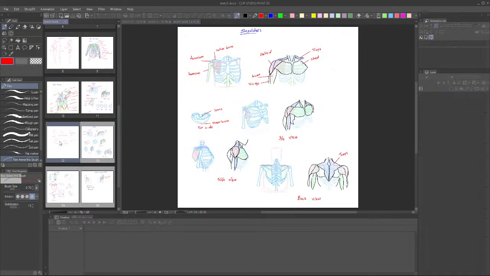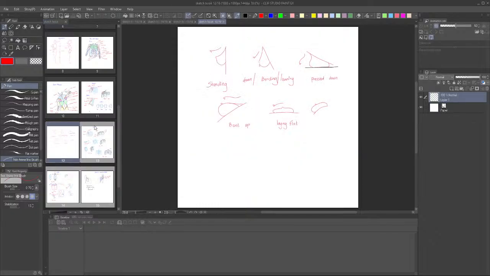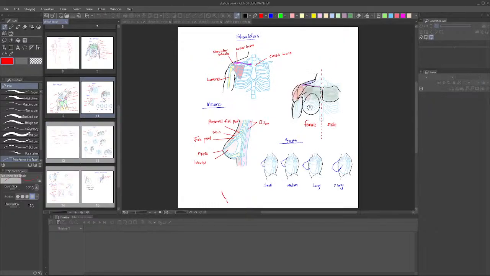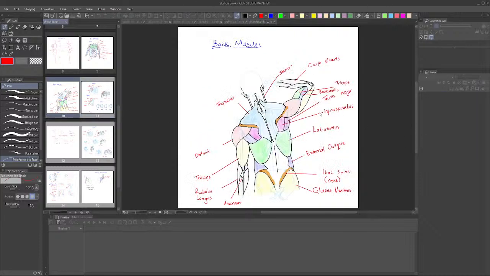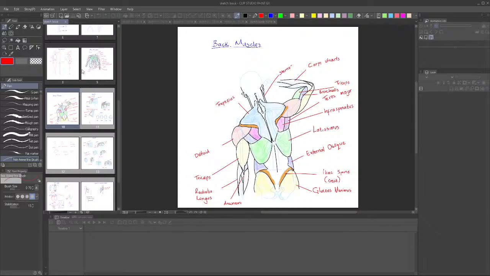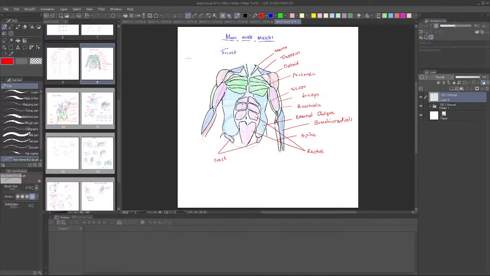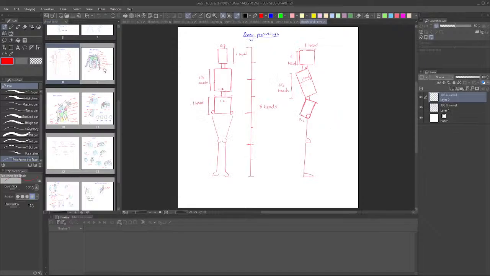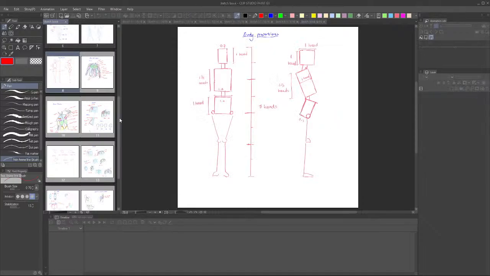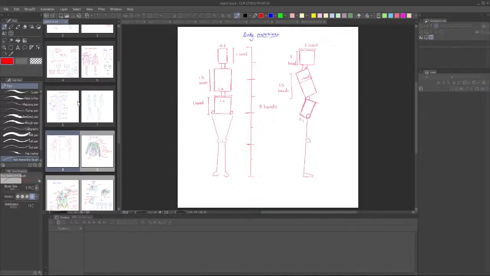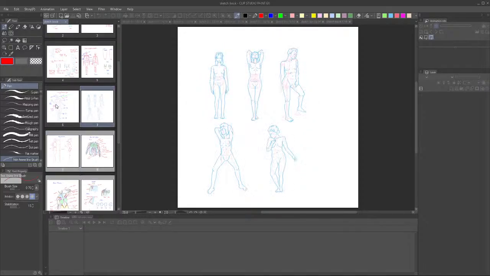We've also drawn some melons, some female anatomy, some muscles. So I think we are progressing pretty well. By the time we are done, we will be great.